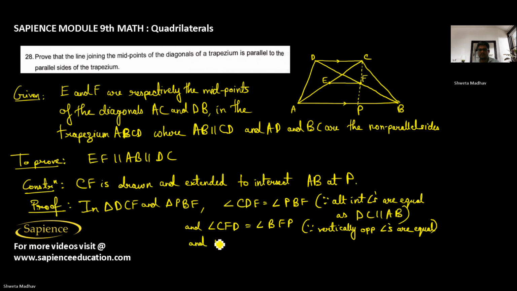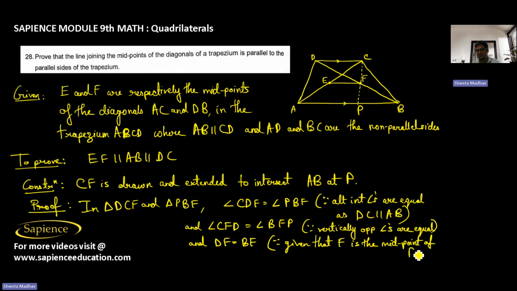And DF equals BF, since it is given that F is the midpoint of DB.